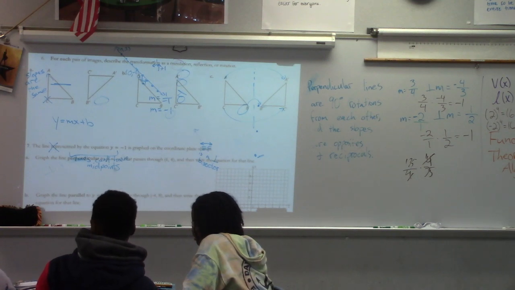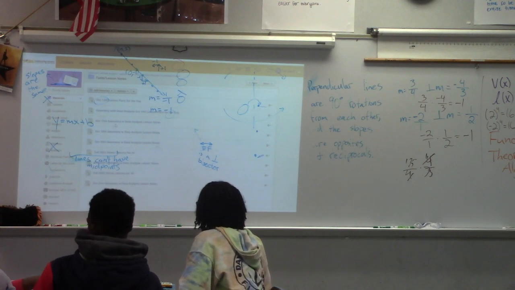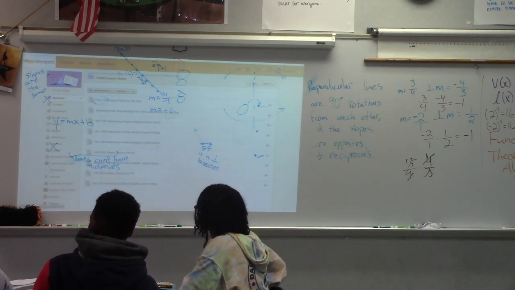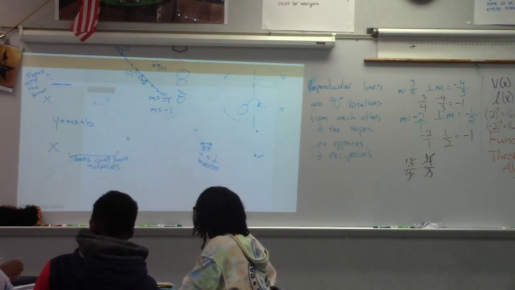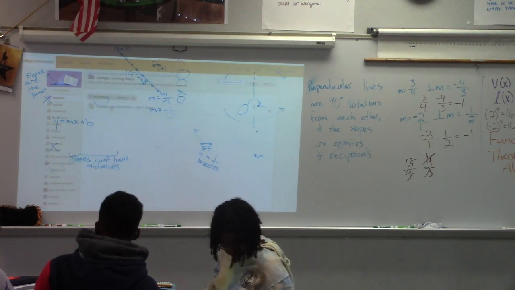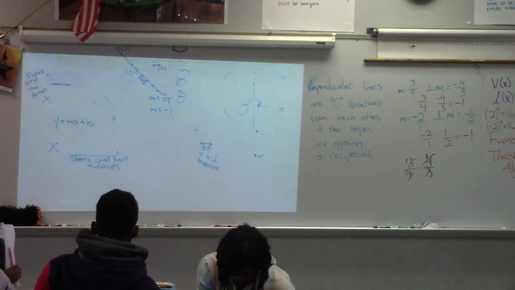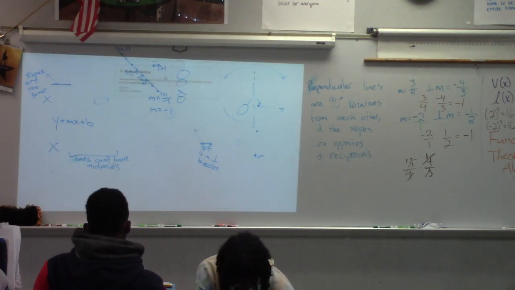Hold on, don't finish packing. One thing I want to show you is this. If you were struggling with a compass and creating a perpendicular bisector, you go to Carnegie Learning Videos. Right here, it talks about segment bisectors.